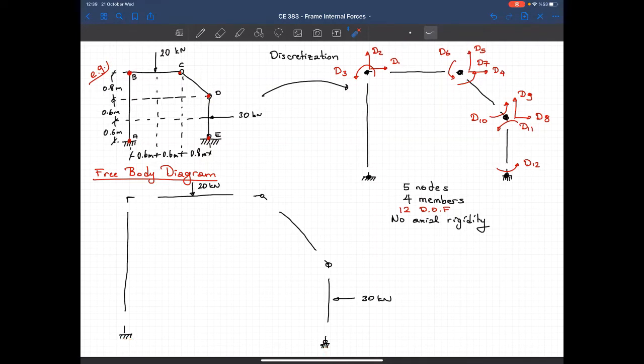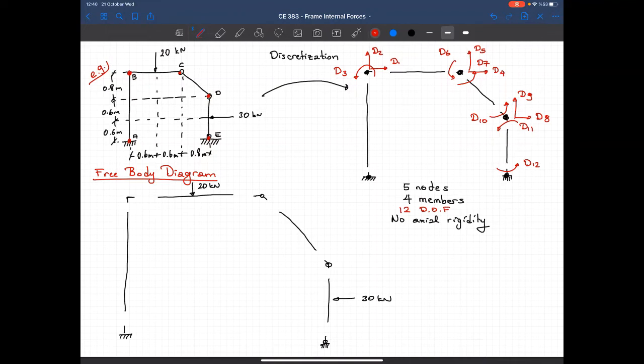So by just writing the three equilibrium equations, I cannot directly obtain the support reactions. But if you take a look at this member, at both ends, the moment is equal to 0. So if I take moment with respect to that point, that should give me the horizontal reaction. So let's start from the member. That's different from our previous approach.